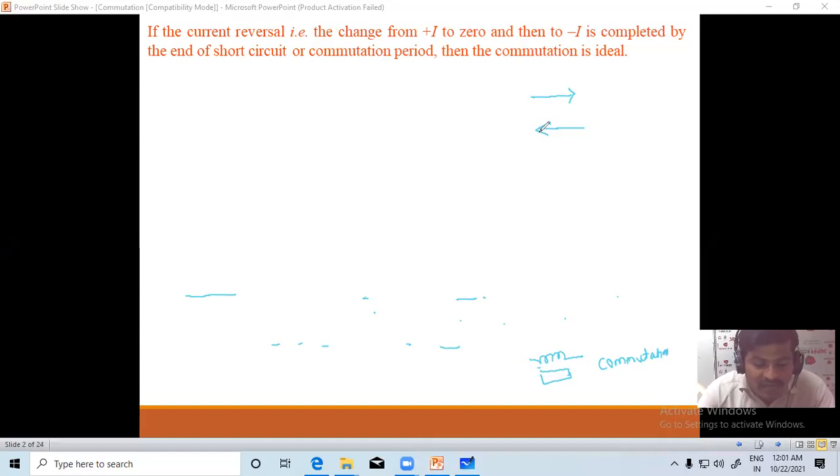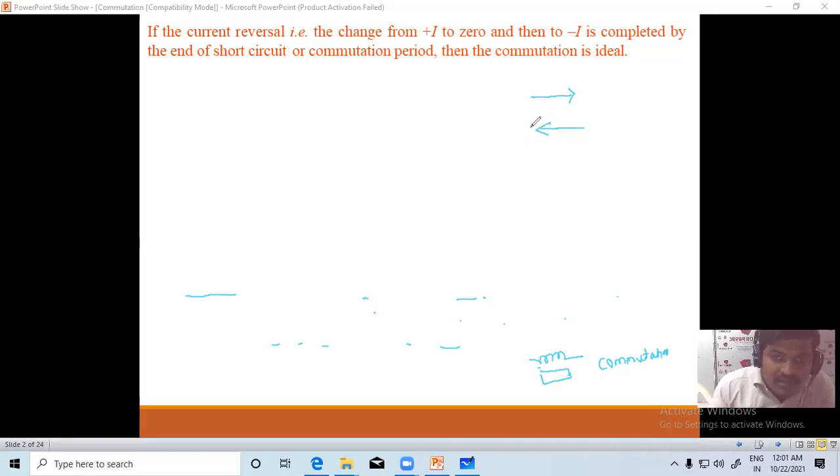So this reversal of current in the coil, when the coil is passing from one pole to another pole, this process is called commutation. So the current will be changing from positive to negative, and if it is completed within a given short circuit period or commutation period, then the commutation is ideal.